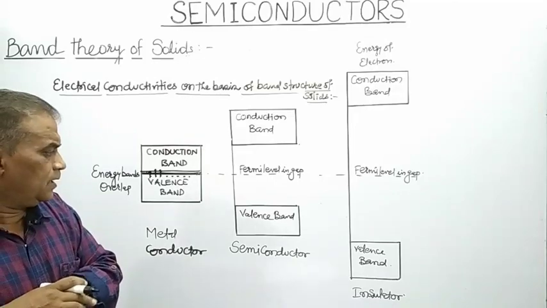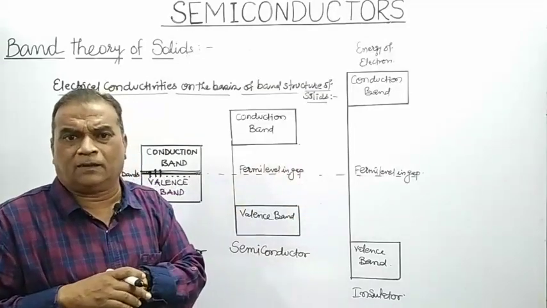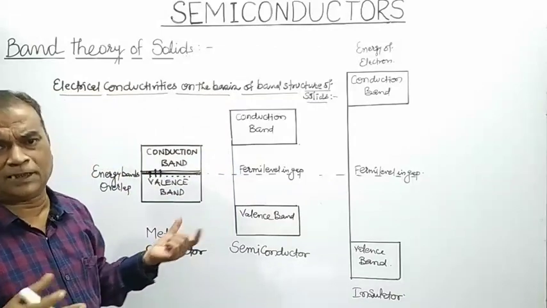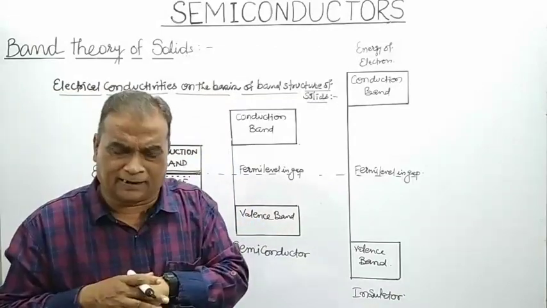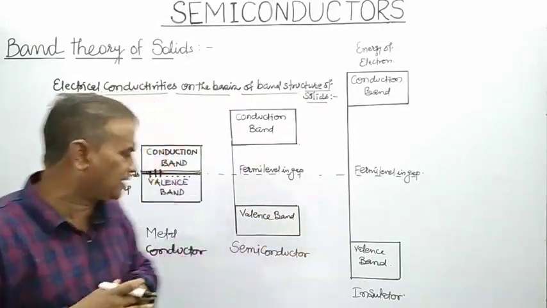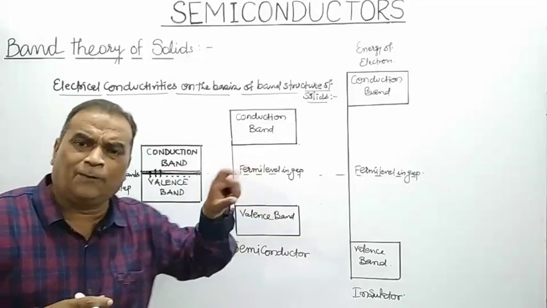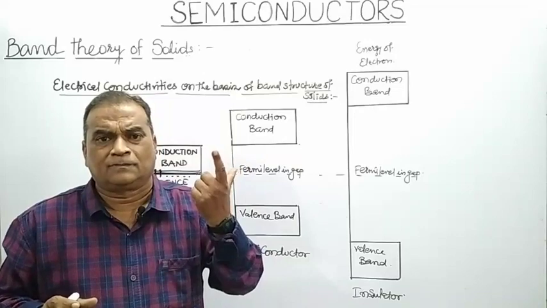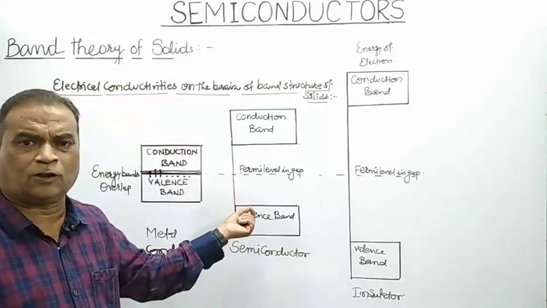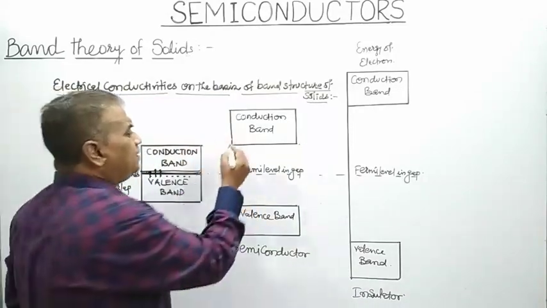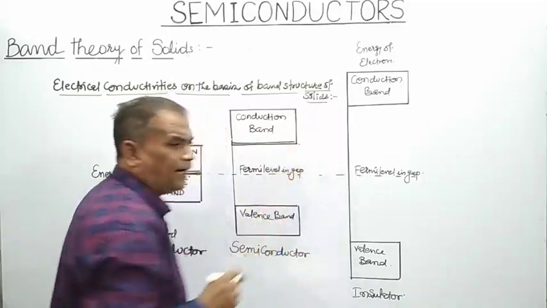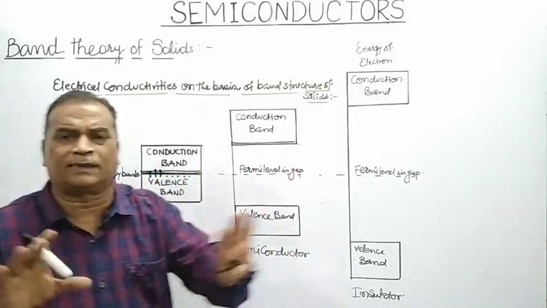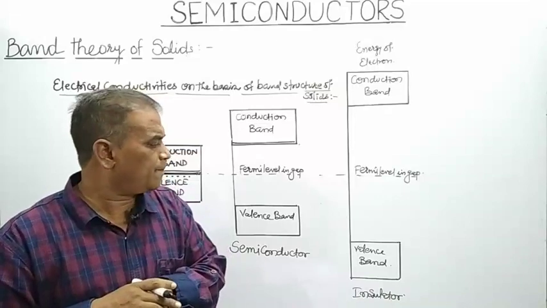So electrons in the valence band, on applying an electric field, gain an energy less than 1 electron volt, can reach an energy level in the conduction band, and are made available for conduction of electricity.